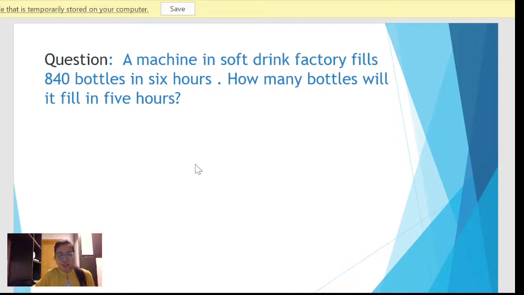So the problem is, a machine in a soft drink factory fills 840 bottles in 6 hours. How many bottles will it fill in 5 hours?